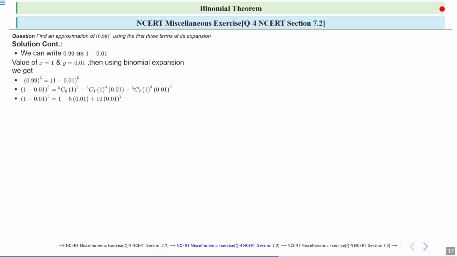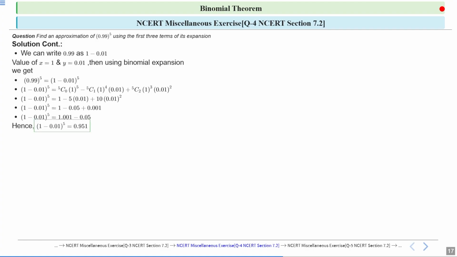Then it implies 1 minus 0.01 whole to the 5, this is your 1 minus 5 into 0.01 plus 10 into 0.01 whole square. So if you further simplify, then you will get 1 minus 0.01 whole to the 5, this is equal to 1 minus 0.05 plus 0.001. So further simplifying, we have 1 minus 0.01 whole to the 5, this is equal to 1.001 minus 0.05.